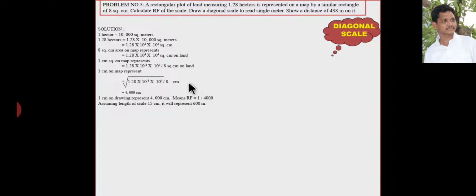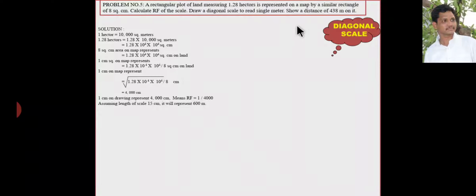Already you have to know that for areas you have to take the square root of drawing size divided by actual size. Therefore RF equal to the square root of 8 square centimeters divided by 1.28 hectares. That value equal to like this. So RF equal to 1 by 4,000.